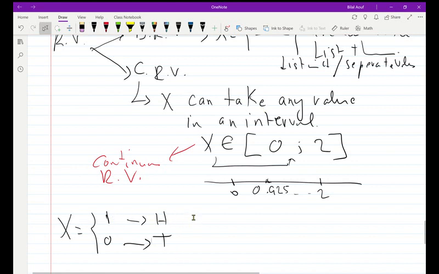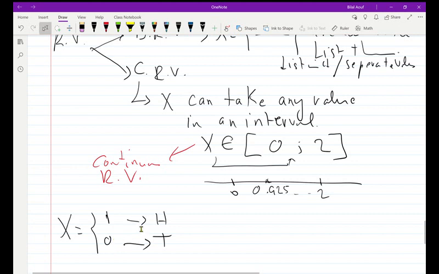I'm interested in the number of heads obtained, so the result can be either head means 1 or tail means 0. In this case I can count them. I can count the values of x, can be 1 or 0. I have two values, first value and second value, and I can list them, 1 and 0.